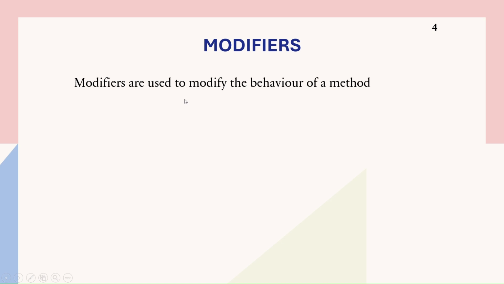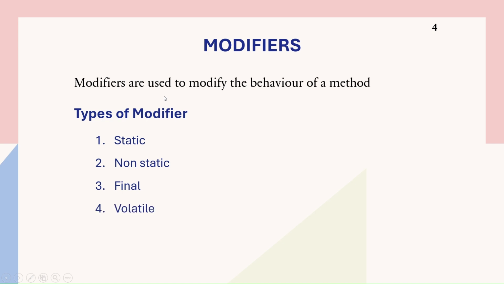It depends on what they are writing in their methods. Means they can write static, non-static, final, volatile, and synchronized. These are the five types of modifiers which we can mention in our method to show how the methods behave.